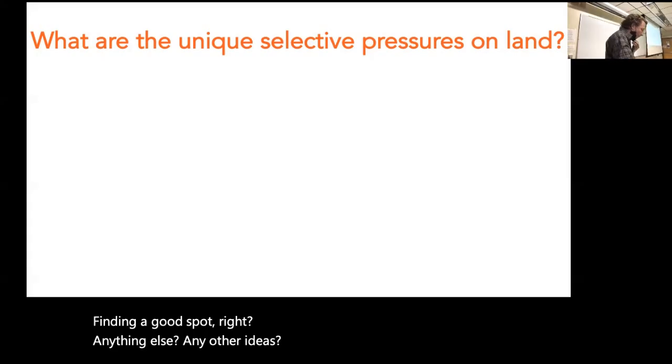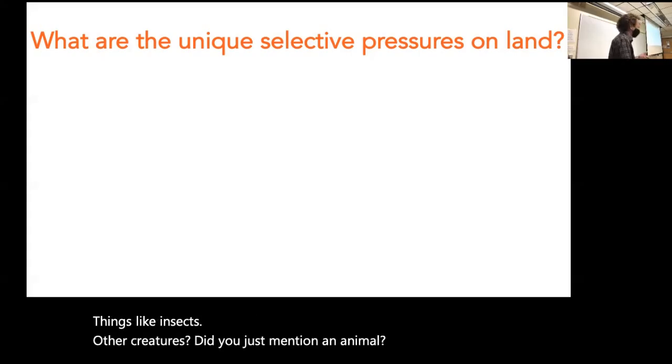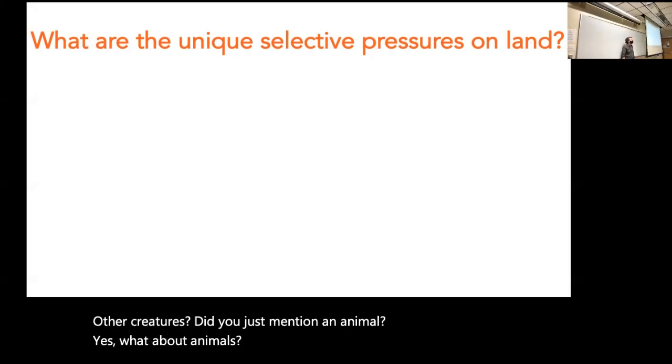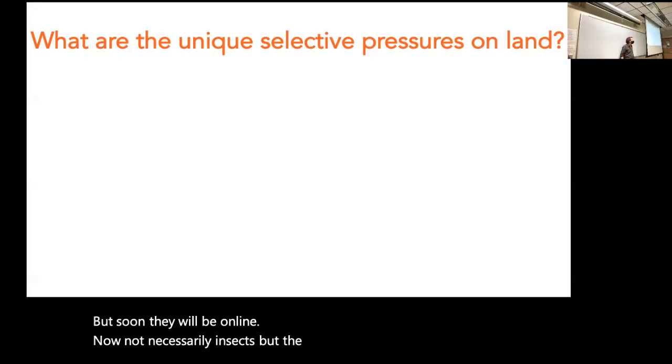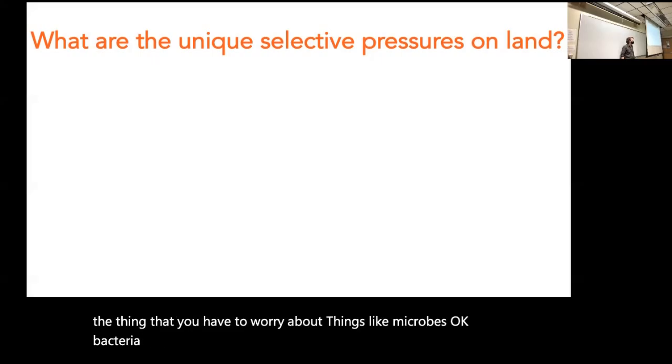Things like insects, other creatures. Did you just mention an animal? Well, yeah. Yes. Birds. What about animals? They're not around yet, right? They're not on land yet. But soon they will be on land, right? Now, not necessarily insects, but the main quote unquote predators, the things that you have to worry about, things like microbes, okay, bacteria, and fungi are also around.